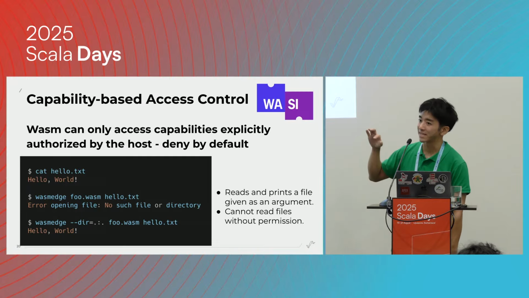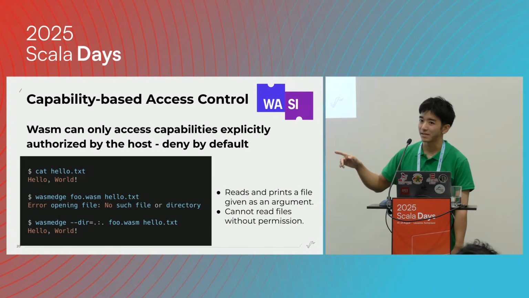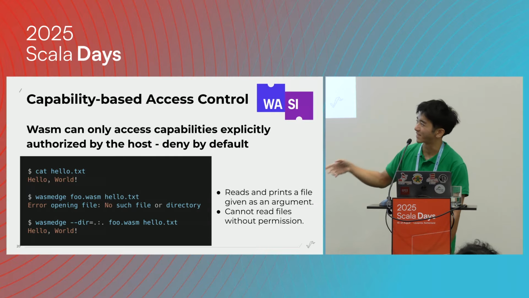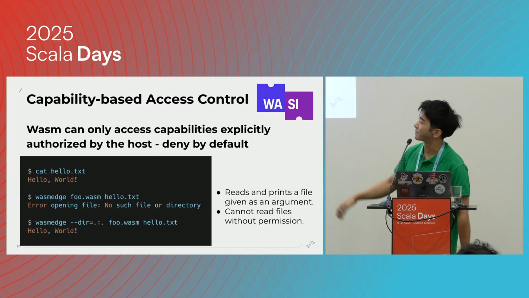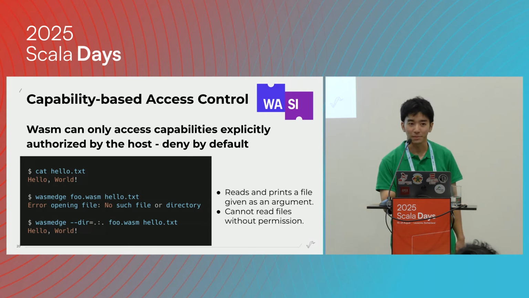So in order for WasmEdge to allow access to the host file system, you have to pass the --dir option. This is something like Docker accessing a host file system. So yeah, Wasm by default denies everything, like reading the file system and sending HTTP requests.